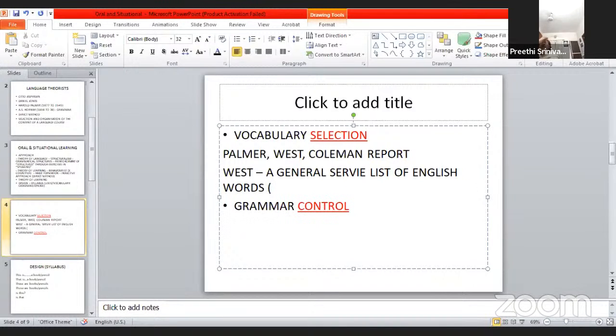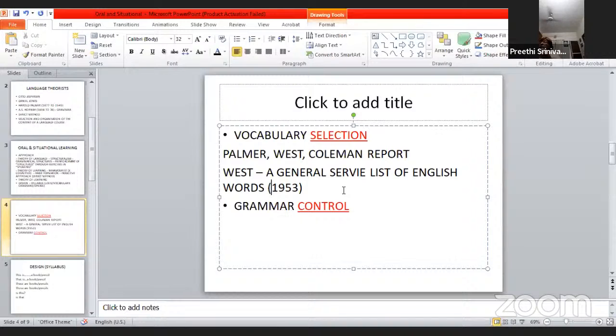You know, at one point of time, Ogden also wrote a book called Basic English. He had this list of books which he said are basic English. So look at the date. So this is after World War II.